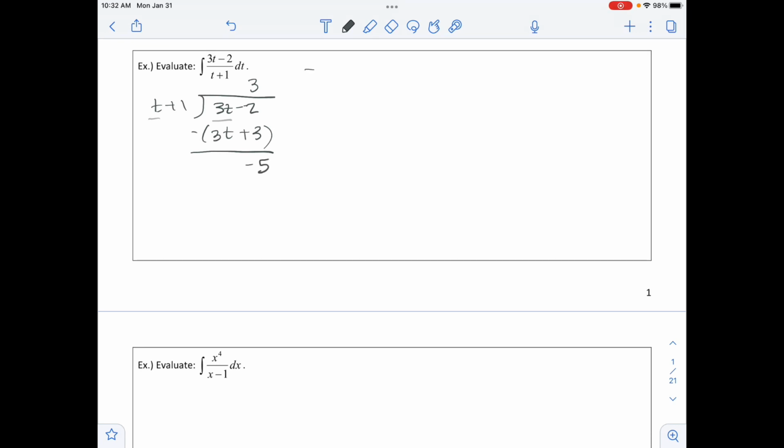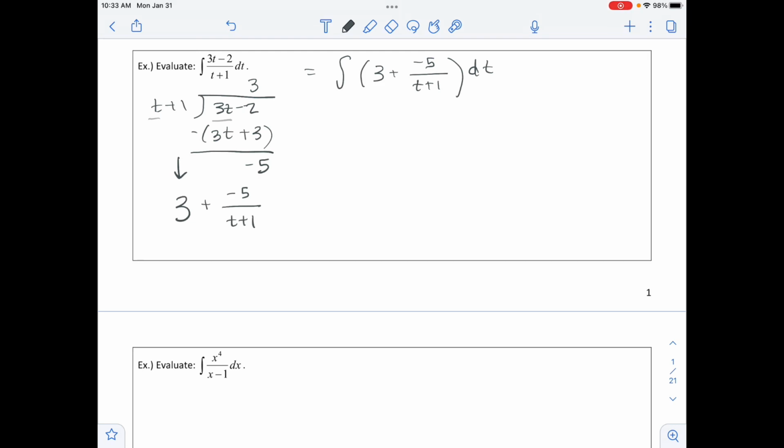And so I can rewrite my integral as the integral of 3 plus negative 5 over t plus 1 dt. So as we divided, we had a 3 plus negative 5 over t plus 1, and that is what we're going to be integrating.